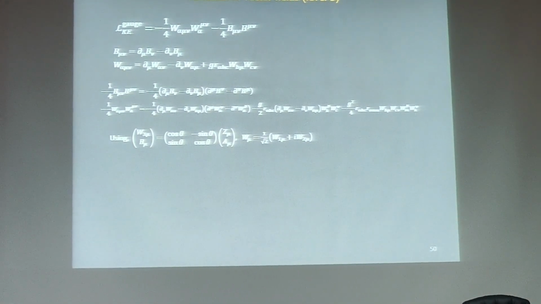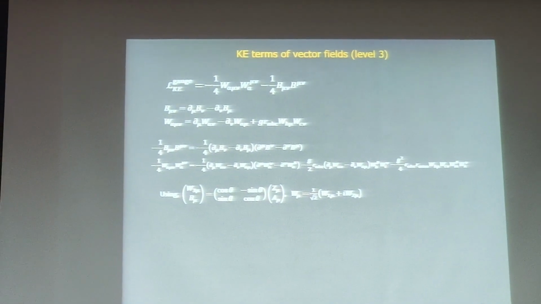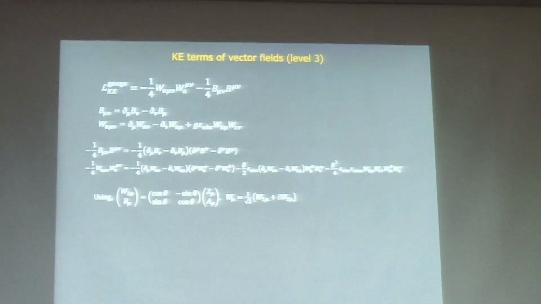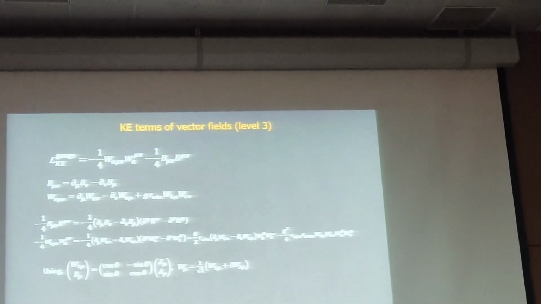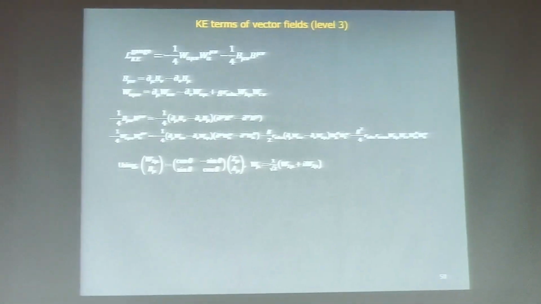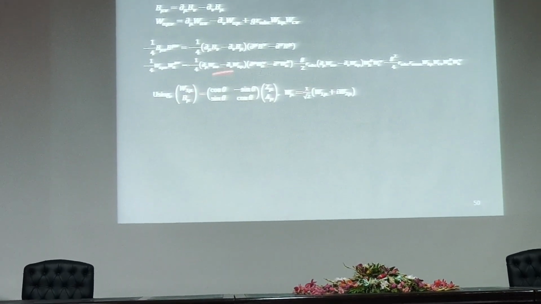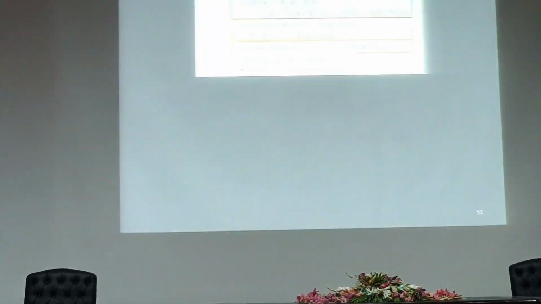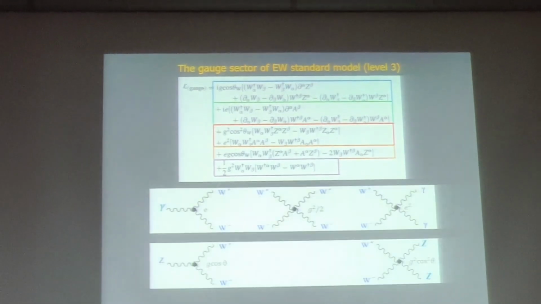Then finally we talk about the kinetic energy term of the gauge field. They are still written in terms of the W free field and the B field. We have to transform into the Z and A fields with this linear transformation from the previous calculation. Once you do it, you get these interaction terms.